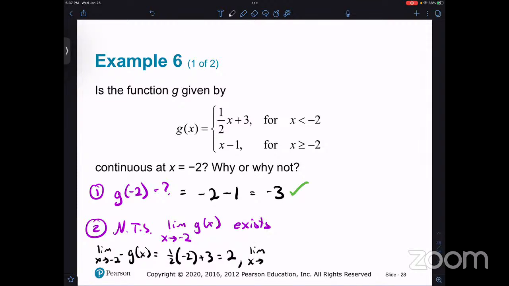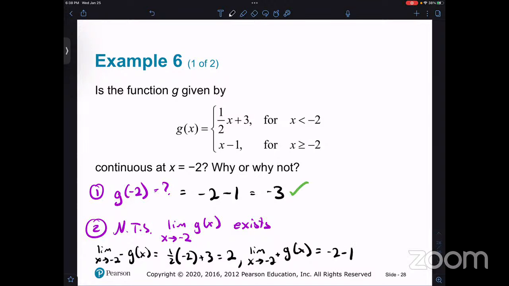We talked about the superscript plus and minus: the superscript plus means from the right, superscript minus means from the left. Of g of x. So as we approach -2 from the right, that means we're going to use line 2. So then that's going to be -2 minus 1, which is -3.